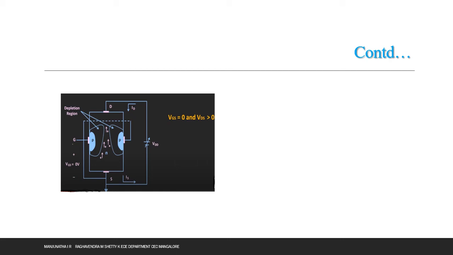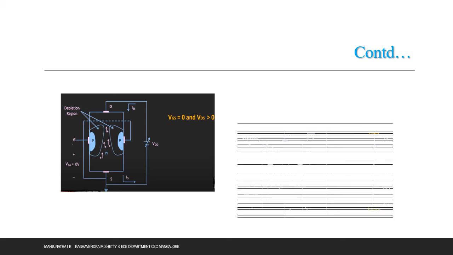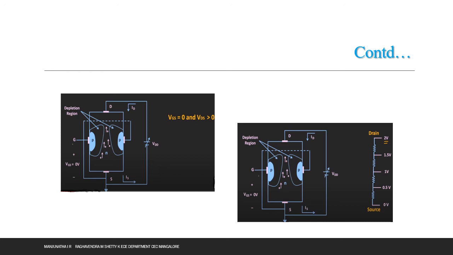Now the next point that we have to concentrate on here: the depletion region varies more at the top level compared to the bottom level. This is for the reason we can understand from the figure.